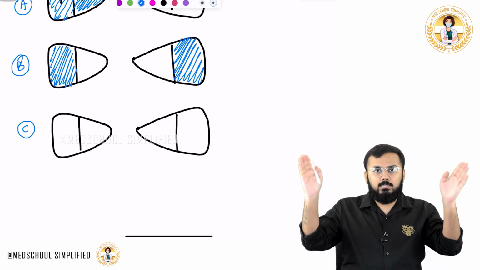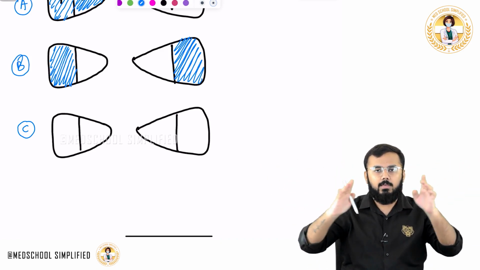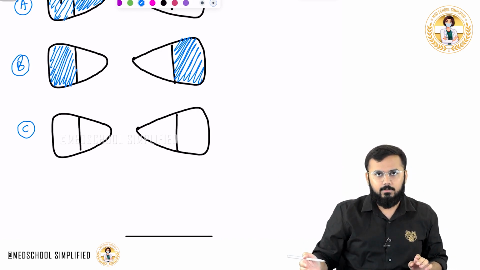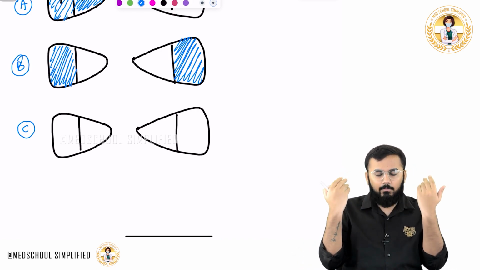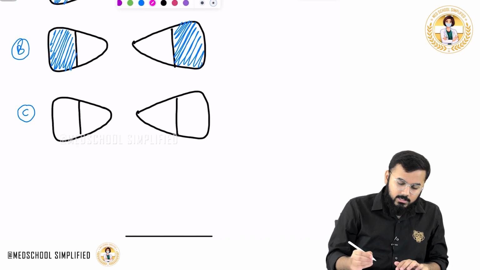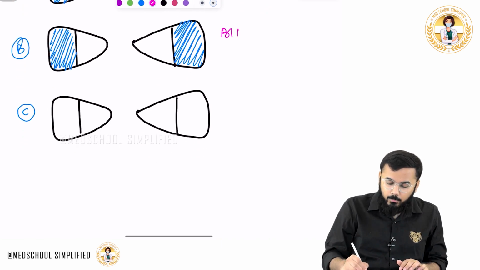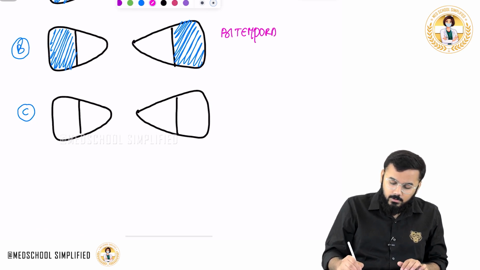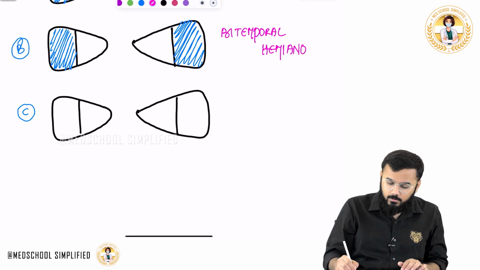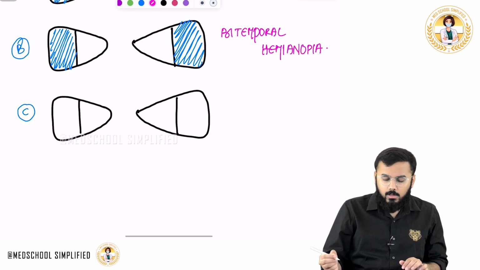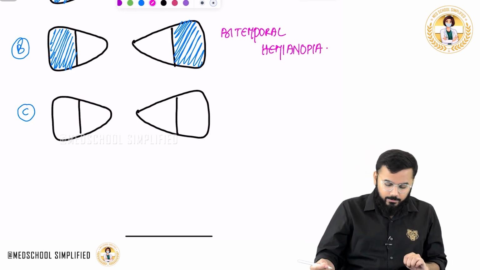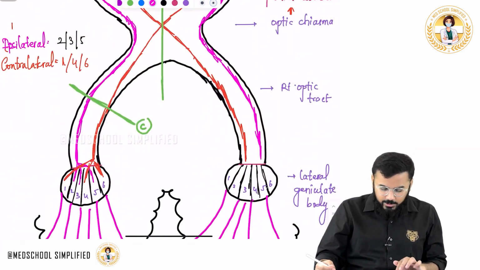So the patient cannot see anything that is present in the periphery. He can only see the things that are present in the center. So this half will be completely blind. So this condition you call bitemporal, because on both the sides, bitemporal hemianopia.